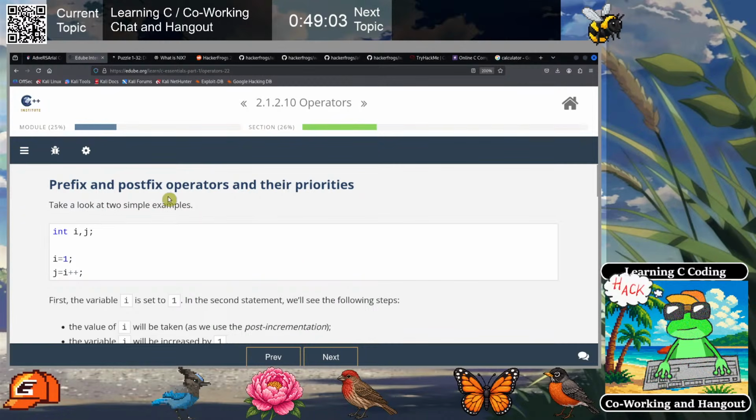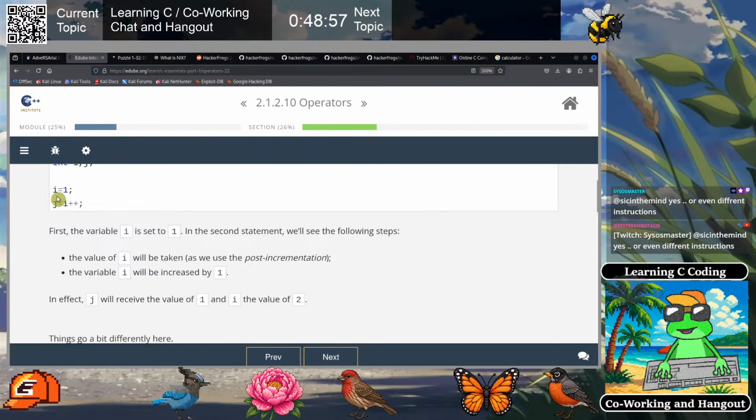Okay, prefix and postfix operators and their priorities. Let's take a look at two simple examples. Integers i and j. i equals 1. j equals i plus plus. So j equals i, and then add 1. First the variable i is set to 1. In the second statement, we see the following steps. The value of i will be taken as we use the post incrementation.